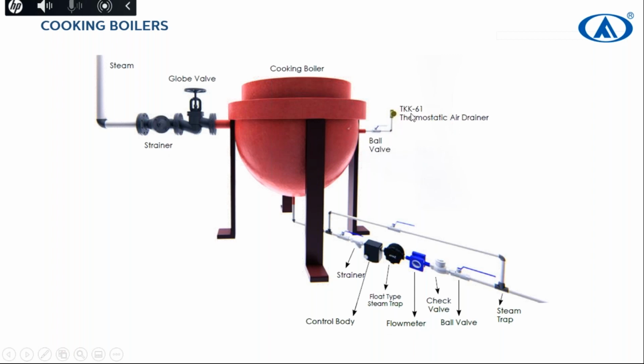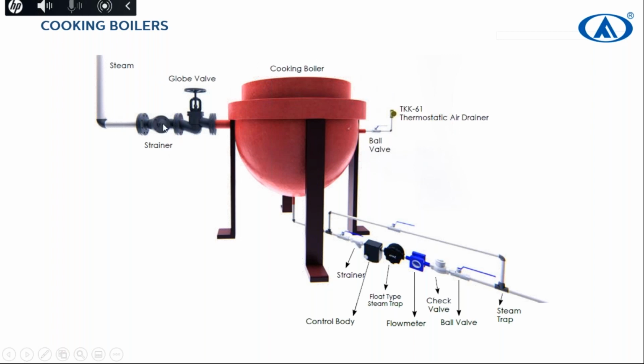And you need to also use TKK 61 gas for what? For discharging air inside the system. Because in that case, generally they are using a temperature controlling valve, and they are cutting the pressure when the cooking process is finished.